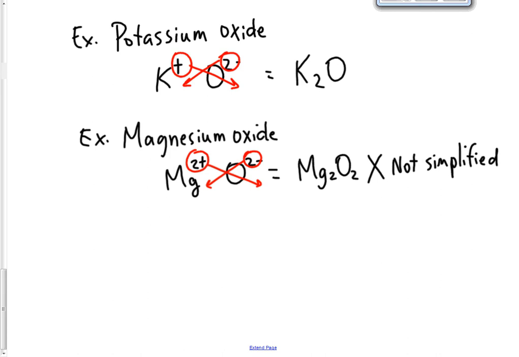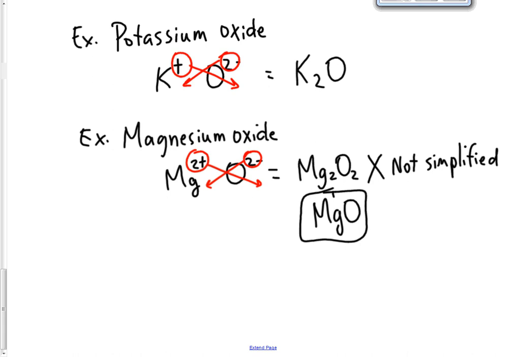In ionic bonds, we want to simplify these things. Just like in math, you're going to simplify it, divide it by the greatest common factor. It's going to be MgO. So MgO is going to be magnesium oxide.